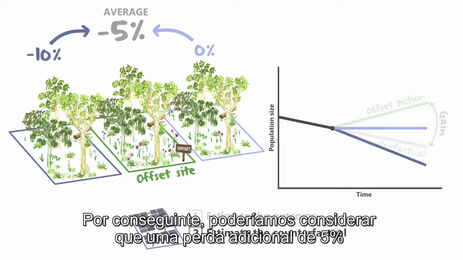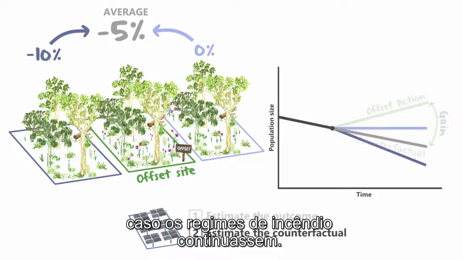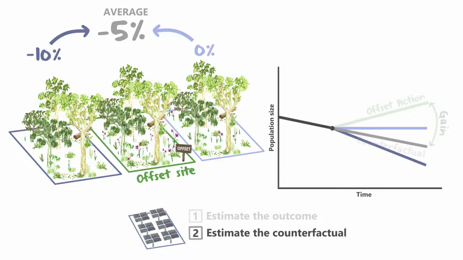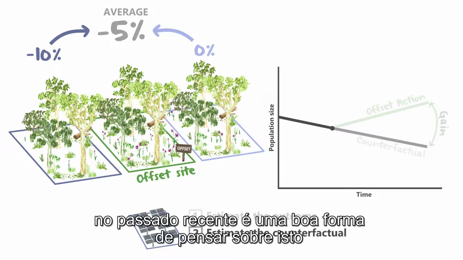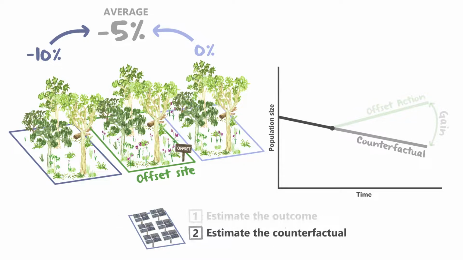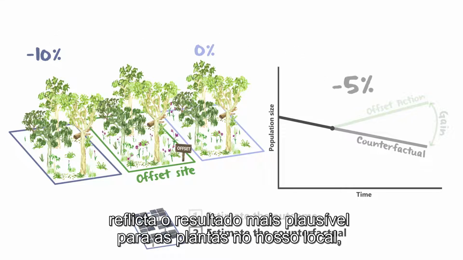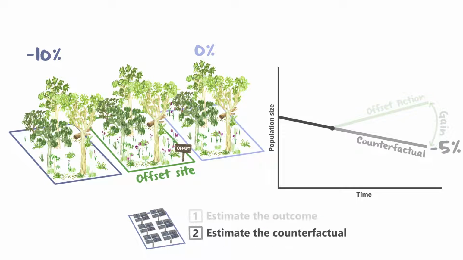Therefore, we might guess that a further loss of 5% over the next 10 years might be expected if the fire regimes are to continue. Using average outcomes at a range of similar sites in the recent past is a good way to think about this problem because it's important that the counterfactual scenario reflects the most plausible outcome for plants at our site if we do not do the offset action.